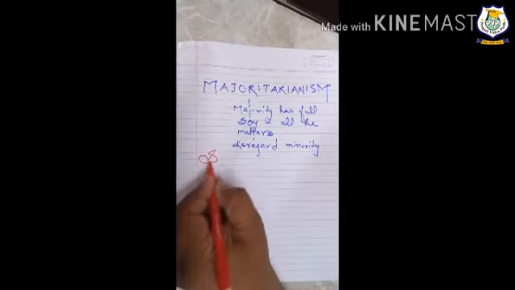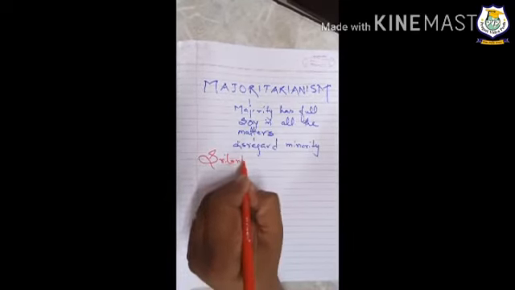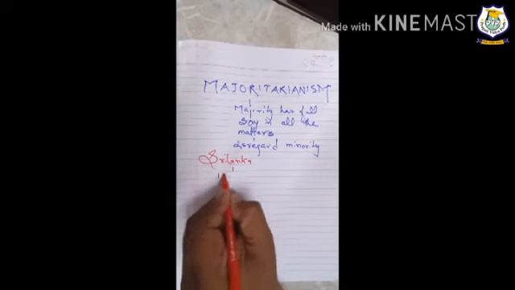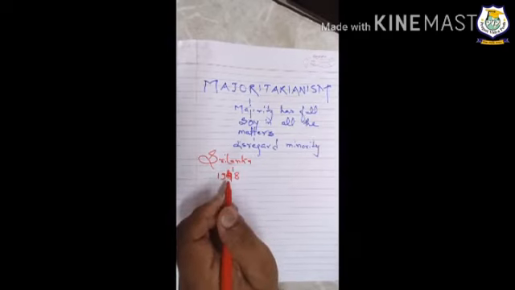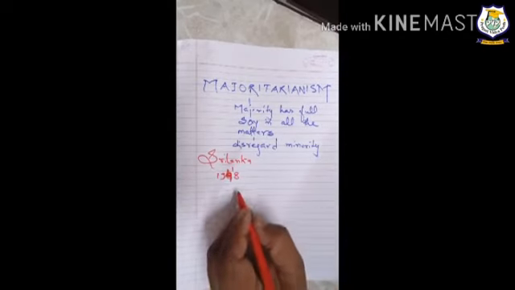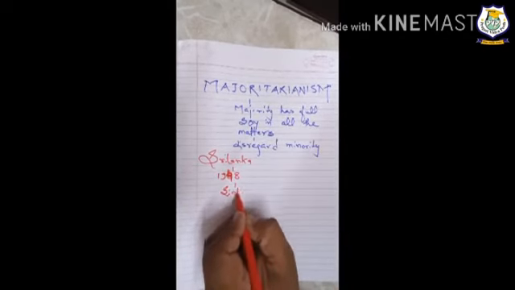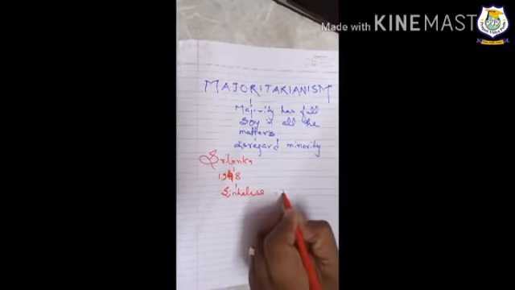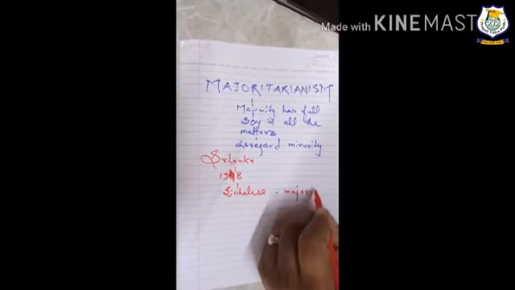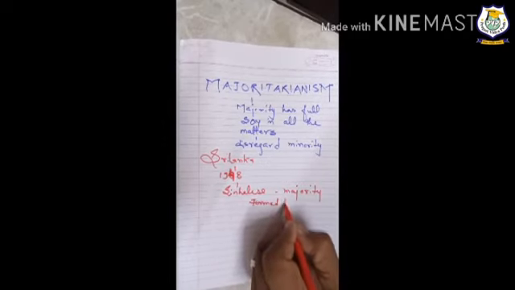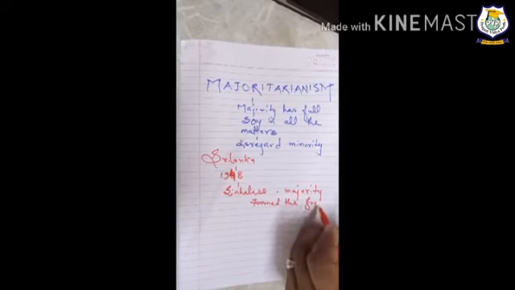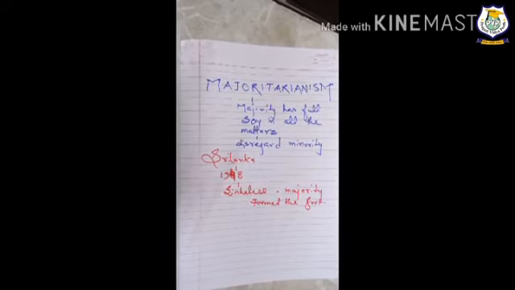Now Sri Lanka got independence in 1948. They got independent in 1948 and the Sinhalese, being the majority, formed the government. Now these Sinhalese followed majoritarianism.